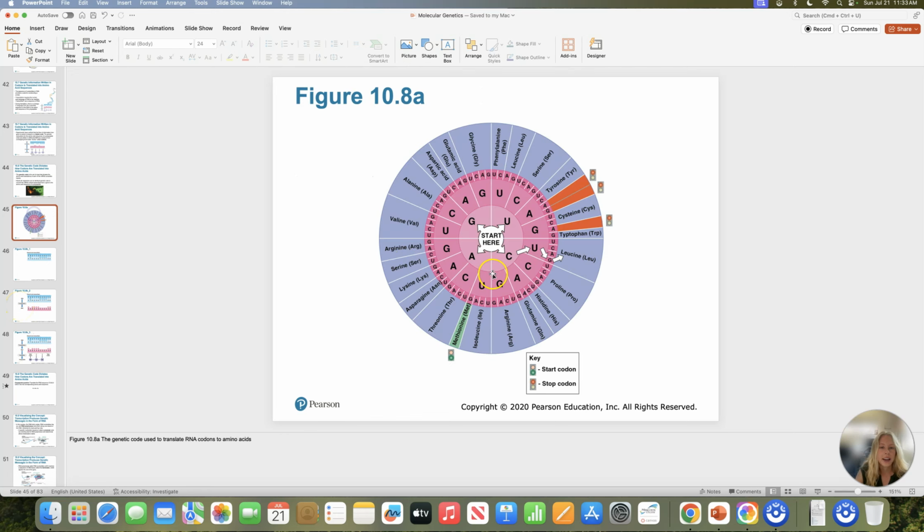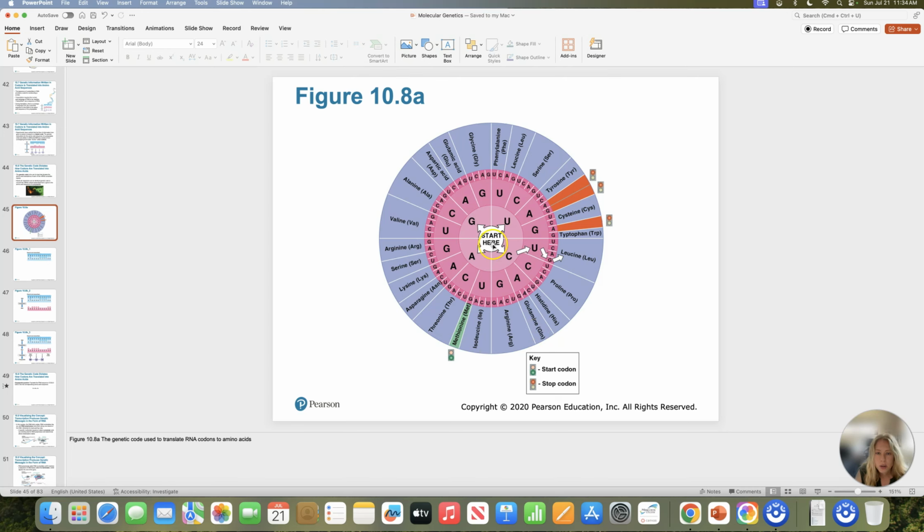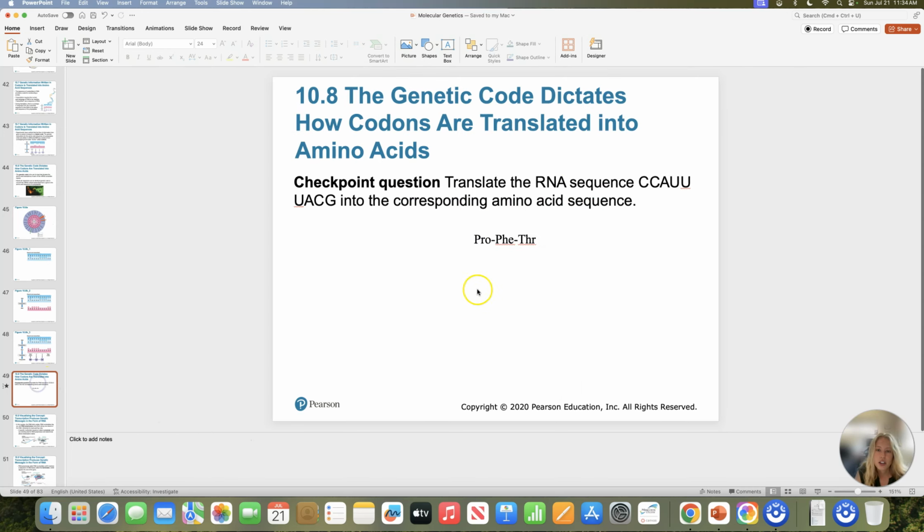So CCA, if we go here, CCA, that gives us proline or PRO. That's what they got. CCA were the first three letters. The next codon is UUU. So we're going to go look at UUU, U, and U. That gives us phenylalanine or PHE.